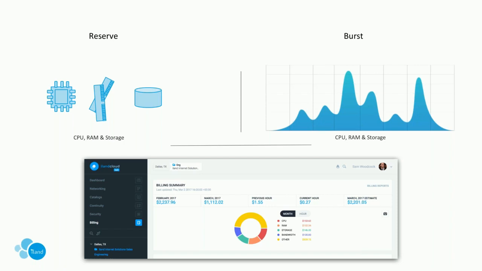So essentially how we split that up is into reserve and burst pricing. Reserve is essentially guaranteeing on a month-to-month basis the amount of CPU, RAM, and storage that you think your environment is going to utilize, but with the added knowledge that you have the ability to consume unlimited resources above that and pay for that on a consumption basis per hour.